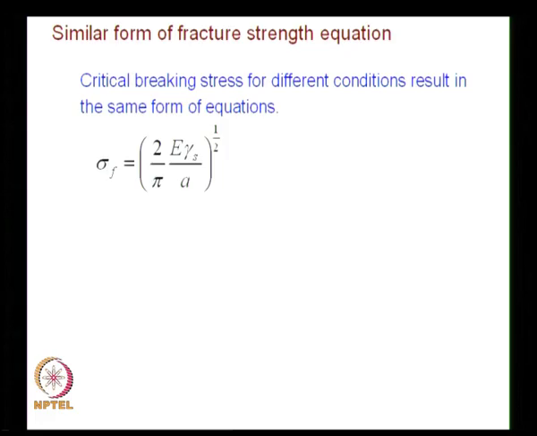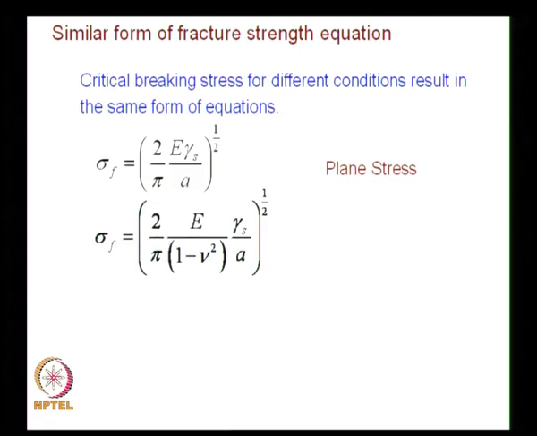We have seen fracture strength as (2 by pi into E into gamma s divided by A) whole power half for a plane stress situation. Suppose I look for a plane strain situation, how does the expression look like? There is only a small variation in the expression. What you find here is, instead of Young's modulus, you get Young's modulus divided by 1 minus nu square.